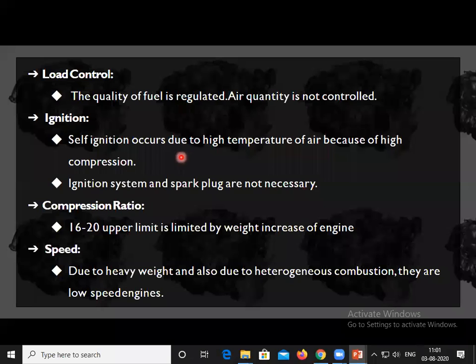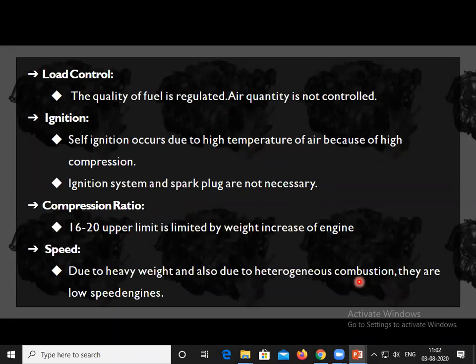Due to heavy weight and heterogeneous combustion, why do we have heterogeneous combustion? Homogeneous means before the cylinder we add air and fuel, but in heterogeneous combustion, first we take air in a suction stroke, and at the end of the compression stroke, we add fuel.